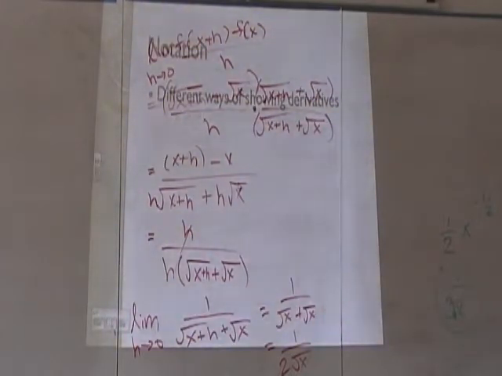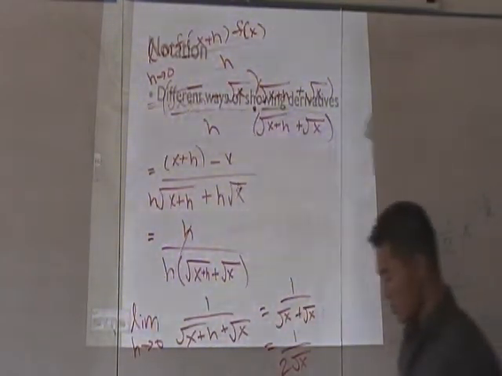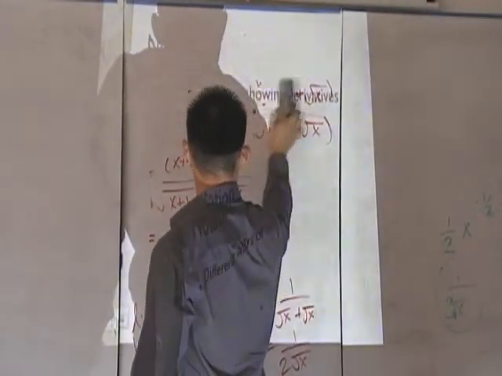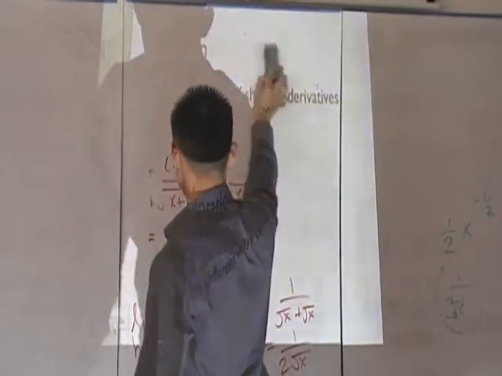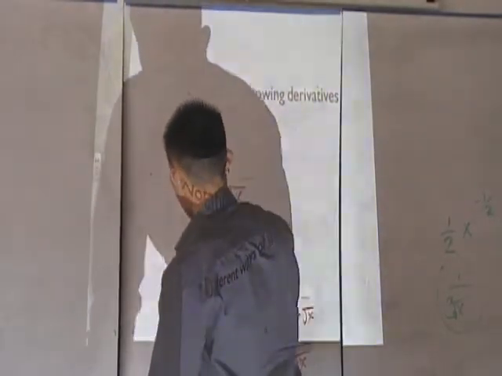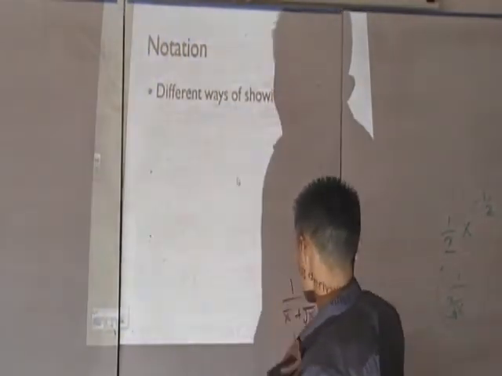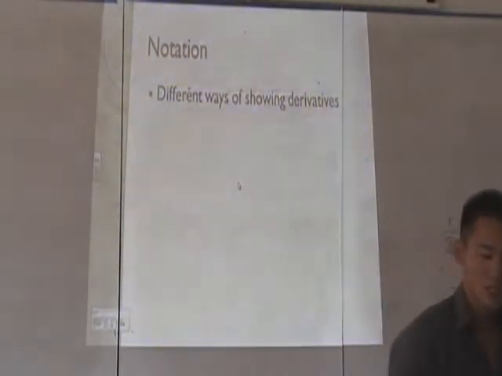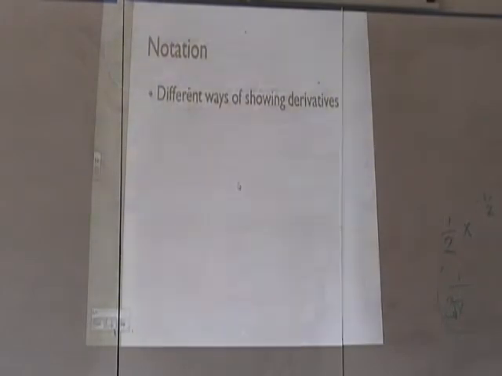Now, there are different ways of showing derivatives. I don't know why there are so many different ways, but they all mean the same thing. Let me erase this. We're not going to write the word derivative each time, that's just silly. So we're going to use different notation.